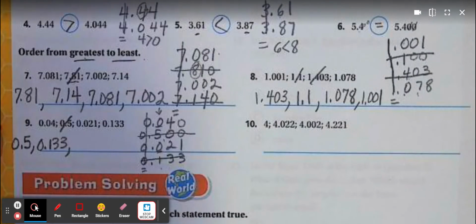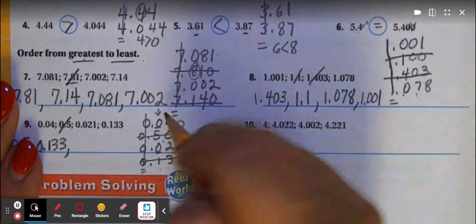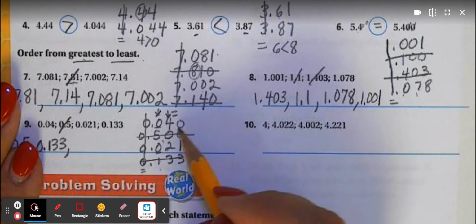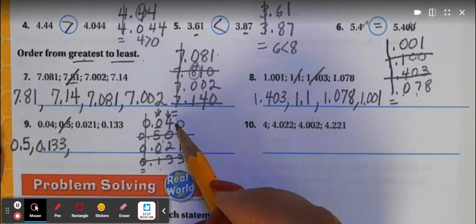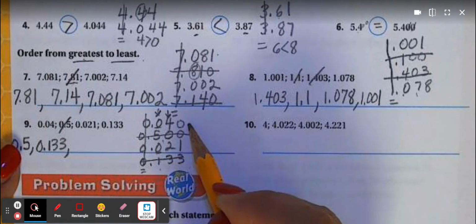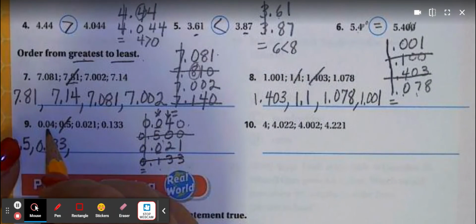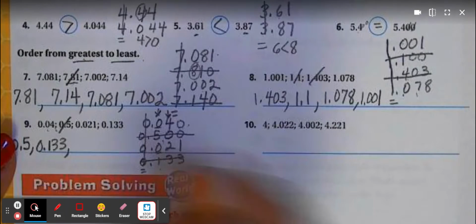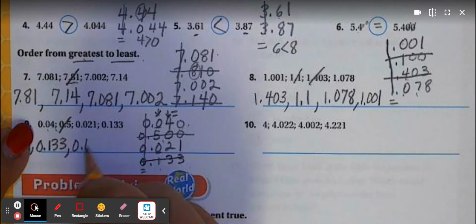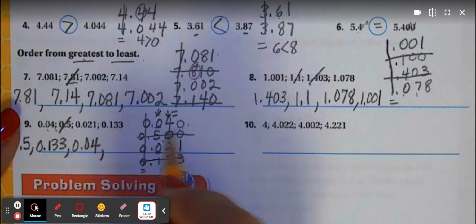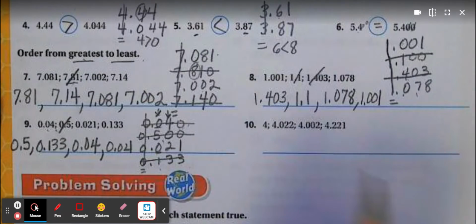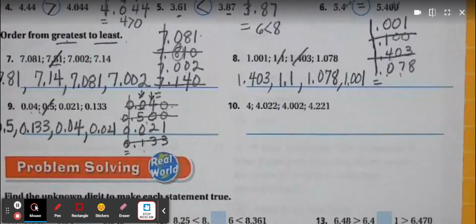Because they're equal, I need to move to the next place value, which is going to be the hundredths, and I need to find the digit that's higher, so it's going to be 4. It's going to be 4 hundredths because I added, or 40 thousandths, but I'm going to write in 4 hundredths, and then the last one is the 21 thousandths.